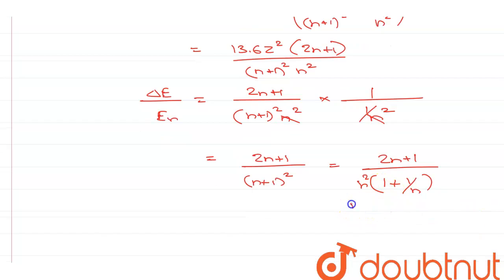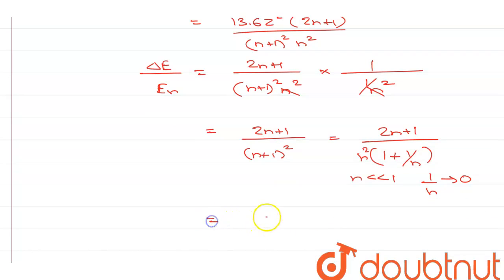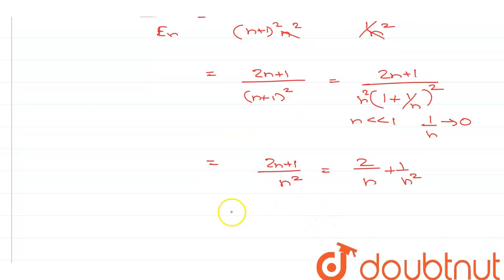Since n is very much greater than 1, 1 by n tends to 0, which means (2n plus 1) upon n squared, which becomes 2 by n.